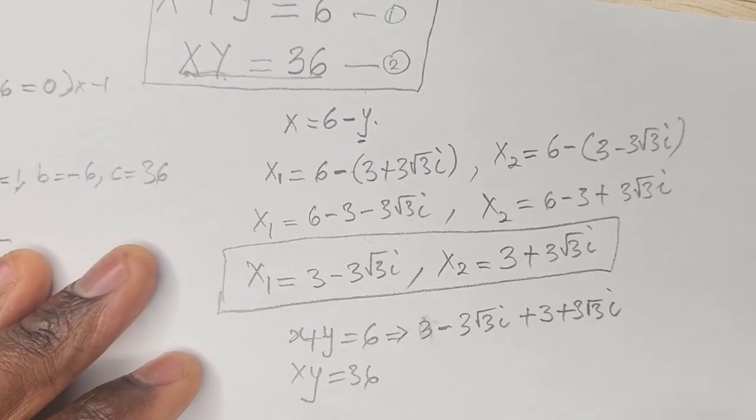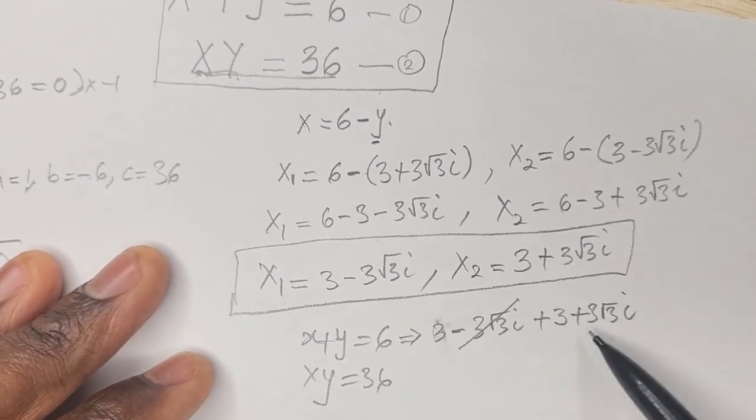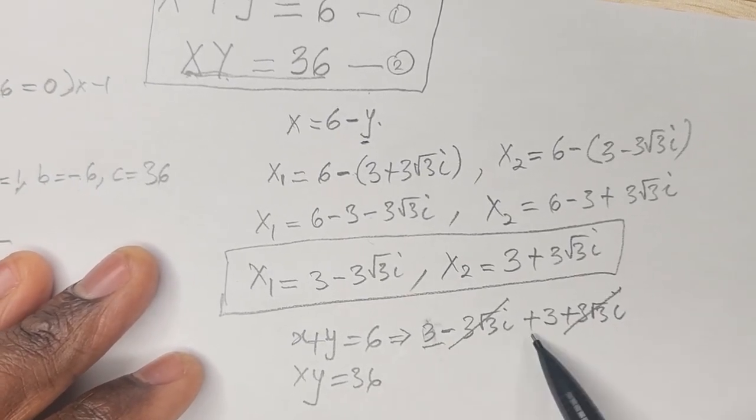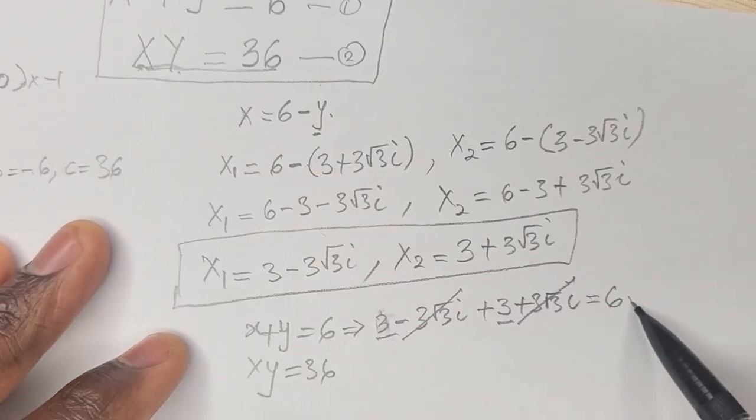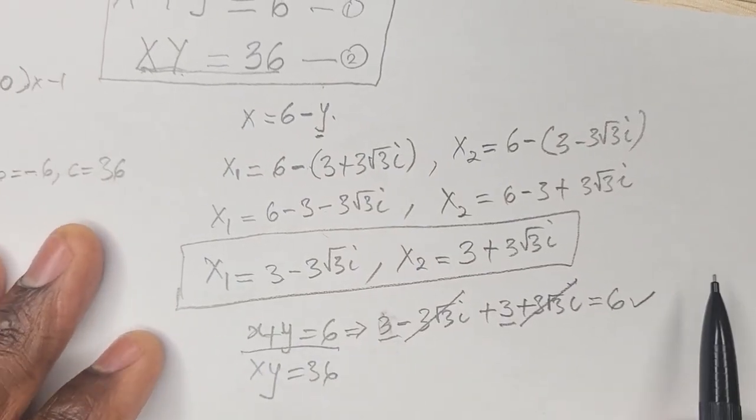This cancels out, 3 plus 3 equals 6. So that's correct.